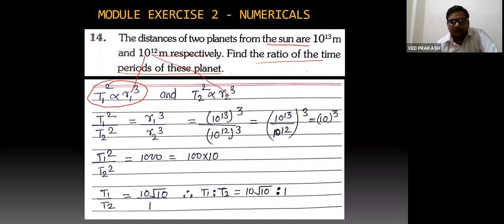If you divide these two equations, you will get T1 square by T2 square equal to r1 cube by r2 cube. R1 is given 10 to the power 13, R2 10 to the power 12. So by simplifying it, you get the value of T1 by T2 in the ratio 10 root 10 is to 1.